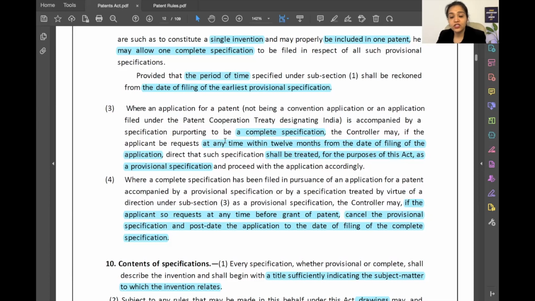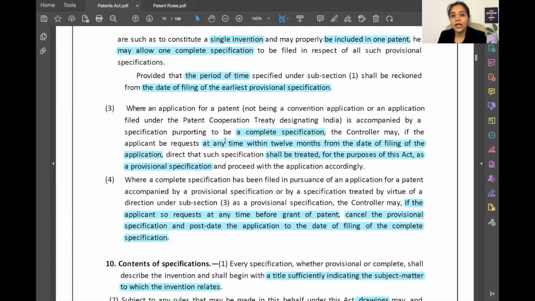So this subsection only means, if I have filed a complete specification on 1st April 2023, now I want to convert that complete specification into a provisional specification. I can do that. How? I can file another complete specification at a later date and within 12 months of filing my first complete specification.